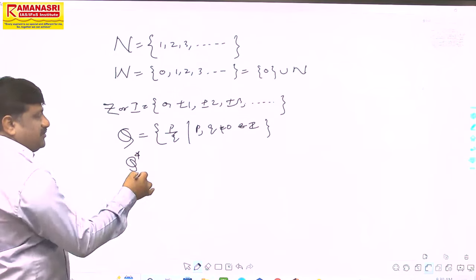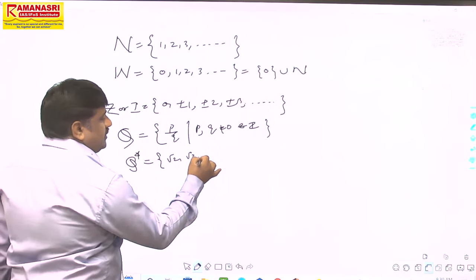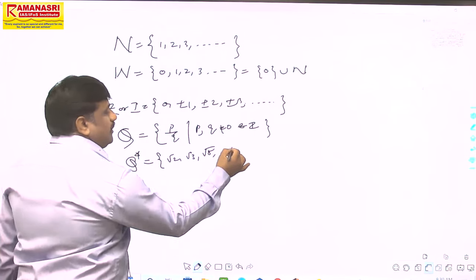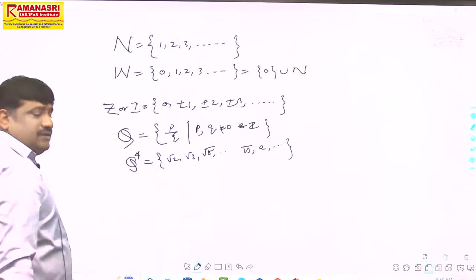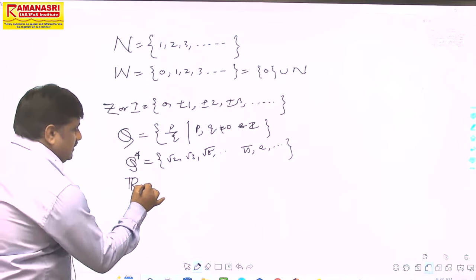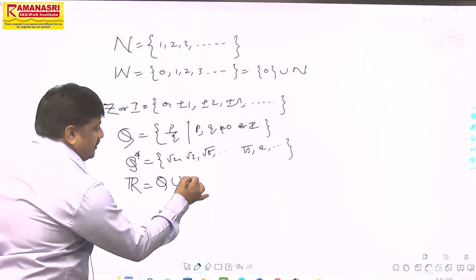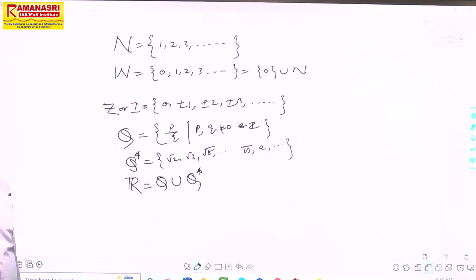In general, I have denoted as Q star, numbers like √2 and √3, √5, and so on. Maybe pi or e, Napier's e. These are irrational. Now real numbers are nothing but all rational numbers union irrational numbers. That is a real number.